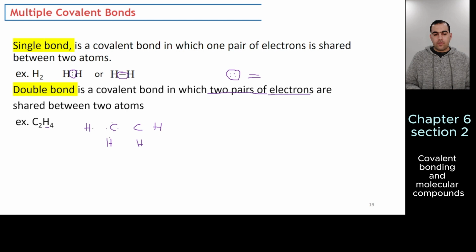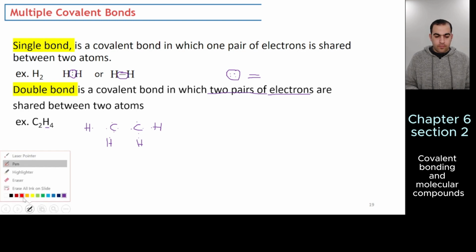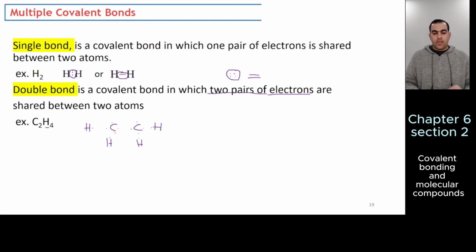Okay, carbon in group 14 has 4 valence electrons. Now, each carbon needs 4 electrons to be 8. Each hydrogen, to be 2, needs 1 electron. So each carbon must make 4 bonds. How?